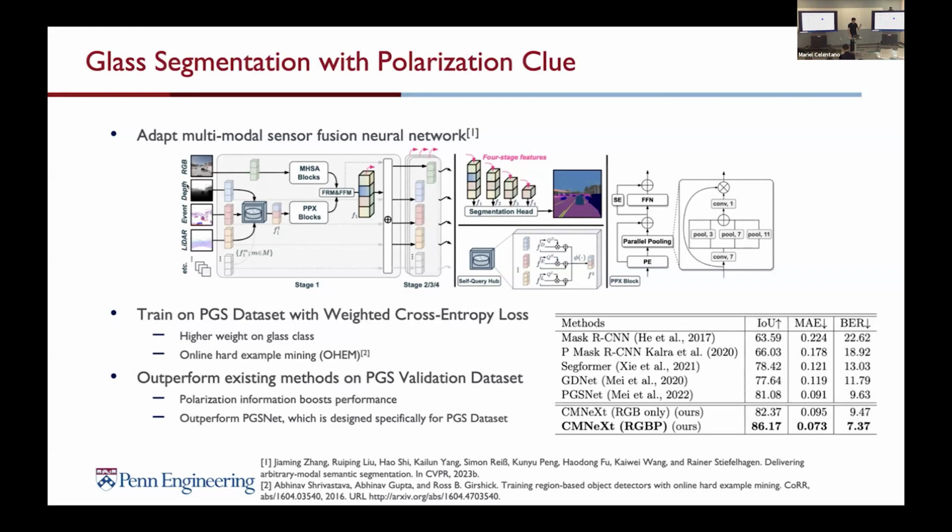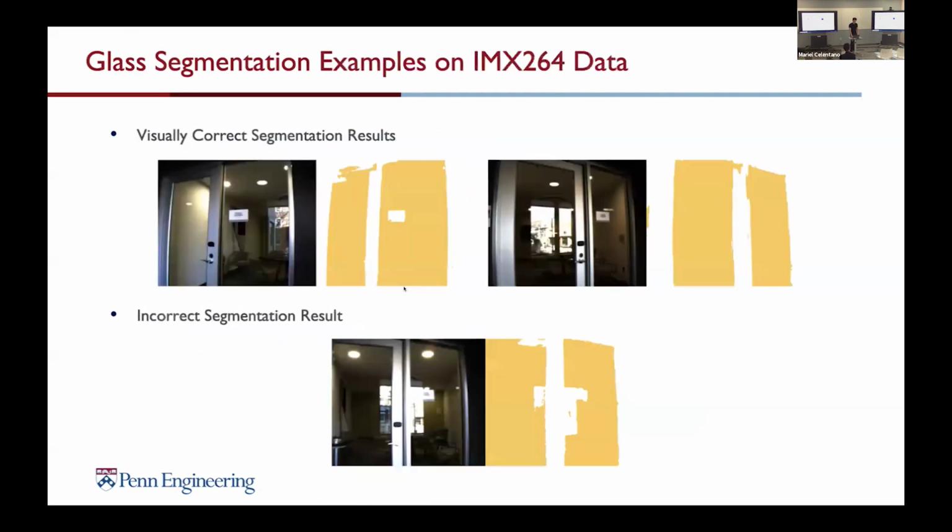You can see that the CMNeXt trained on RGB plus polarization information outperforms PGSNet, which is the network proposed by the original authors, which shows the superiority of the network. You can also see that the CMNeXt trained on RGB plus polarization information also outperforms the one trained only on RGB information, which indicates that polarization information is a valuable and valid clue for us to segment glass materials.